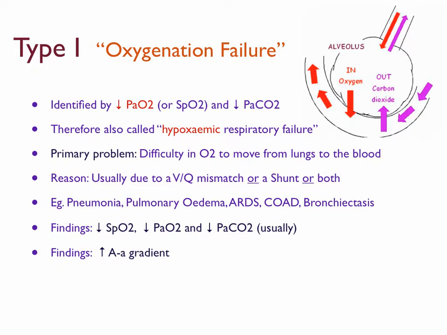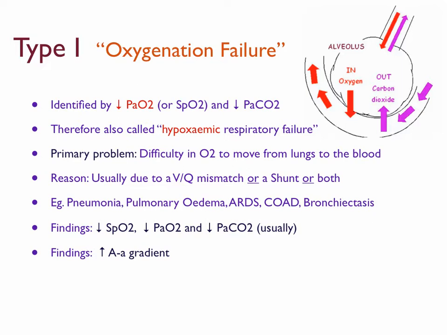This is very often due to a mismatch, a VQ mismatch, or a shunt, or both. Now, a VQ mismatch occurs either because there's too much ventilation in areas that do not have enough perfusion, right?